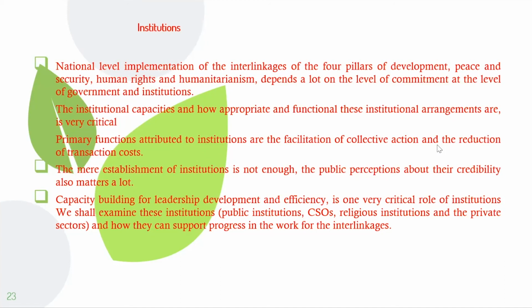Primary functions attributed to institutions are the facilitation of collective action and the reduction of transaction costs. The mere establishment of institutions is not enough. The public perceptions about their credibility also matter a lot.